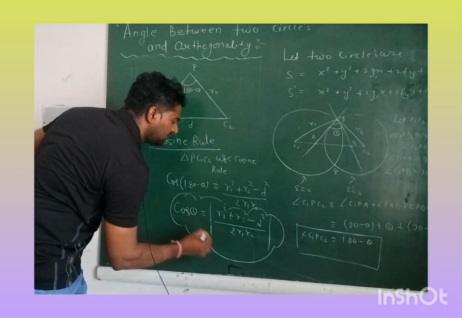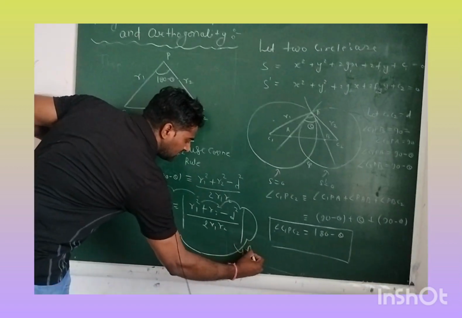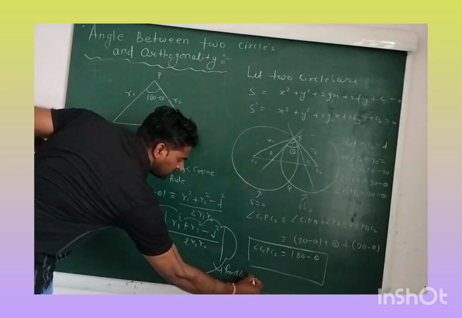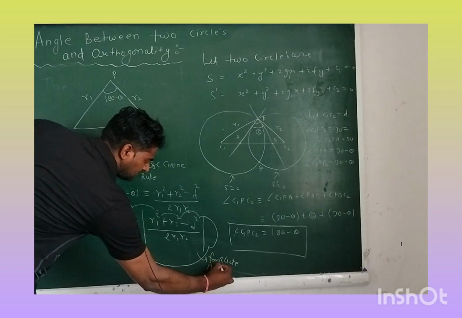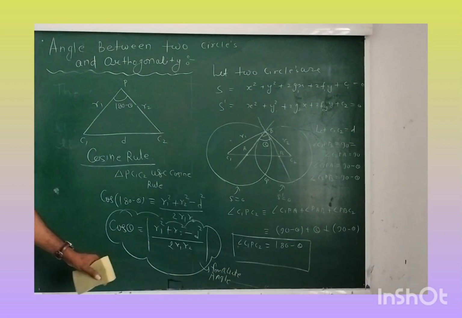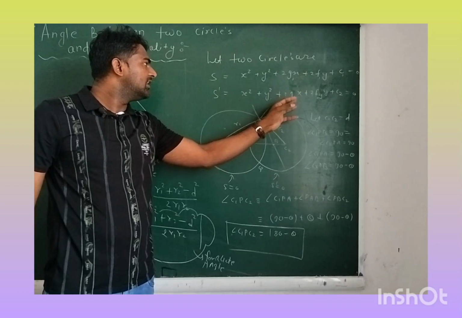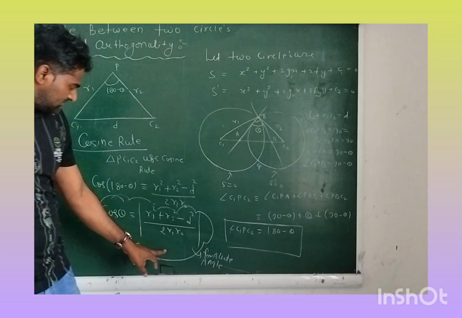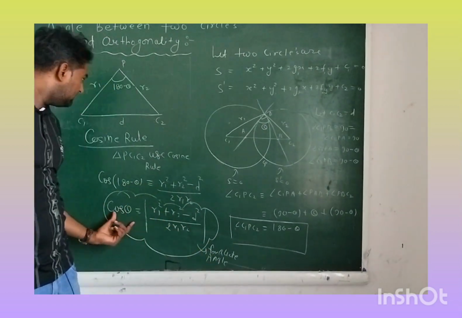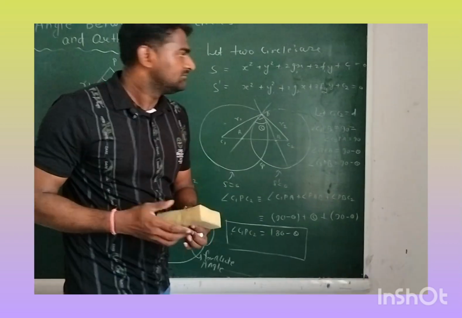Because we want the acute angle. Okay, so we know the two circles, so we can find R1 as well as R2, and we know C1, C2, so we find D. So this is for the acute angle between two circles.